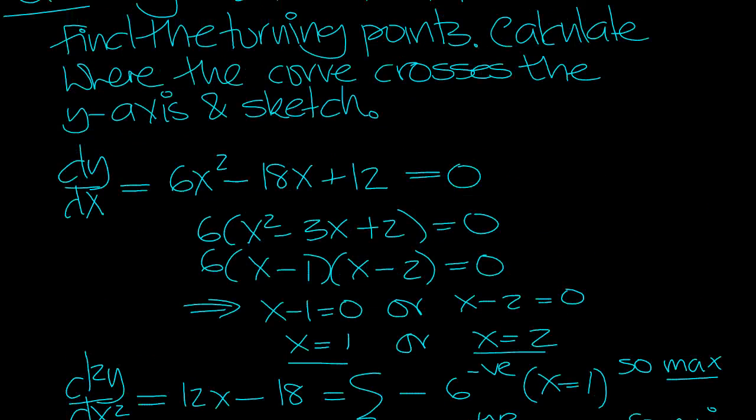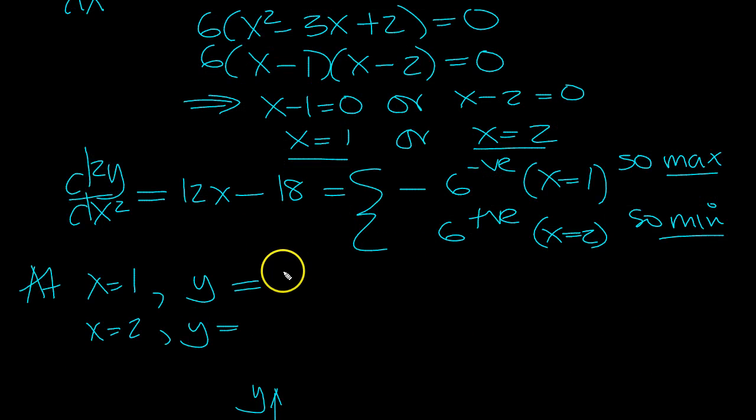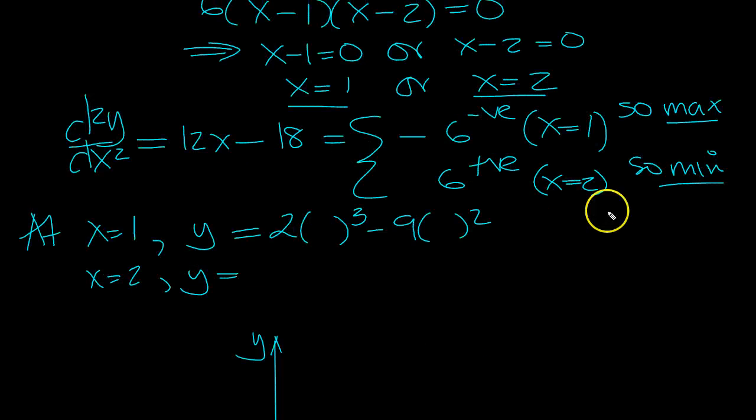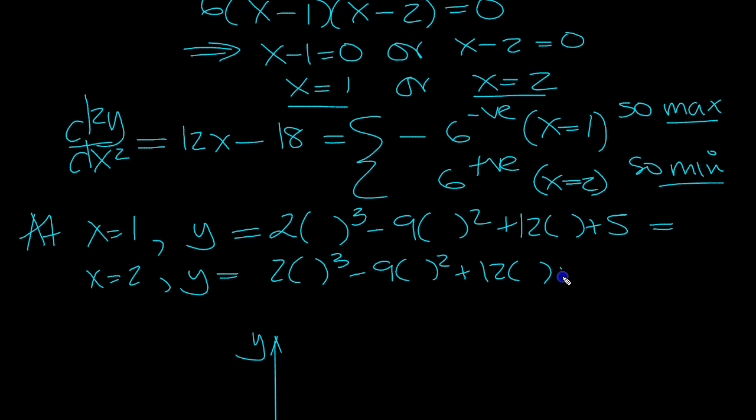So what have we got? 2x cubed minus 9x squared plus 12x plus 5. The input value here is 1.